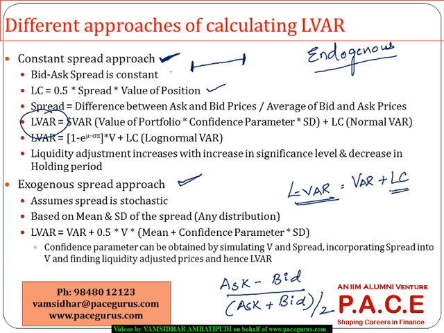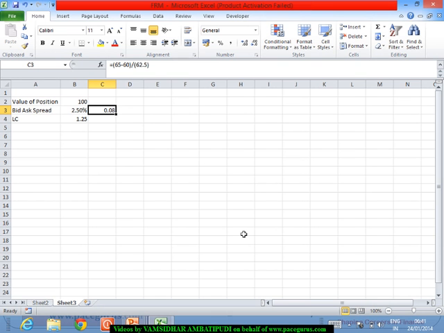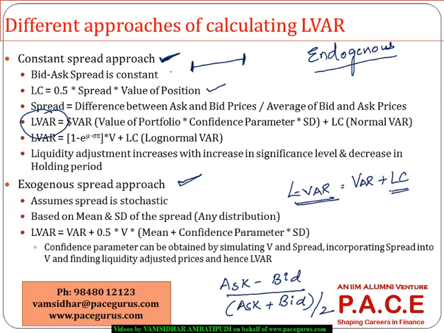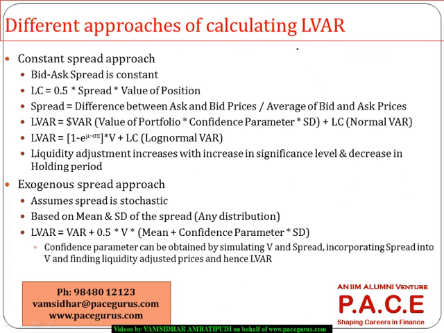So even if I don't know the spread, if there is a quoted bid and ask price, we can compute it by doing this kind of a calculation. Now the most important thing is the VAR. We know that the VAR depends on the assumption of the distribution of the asset.